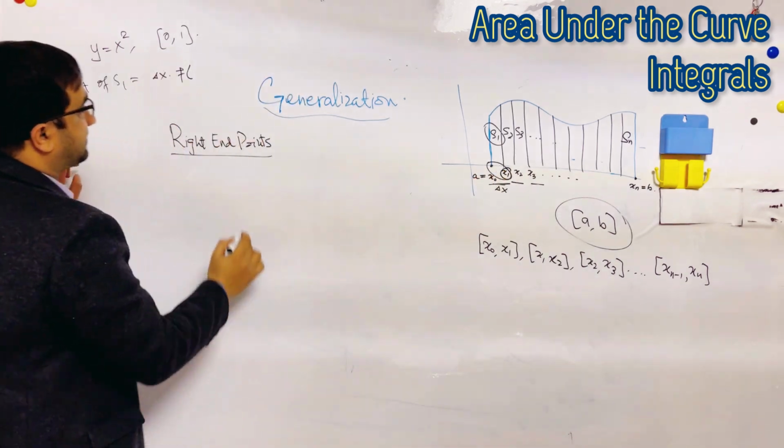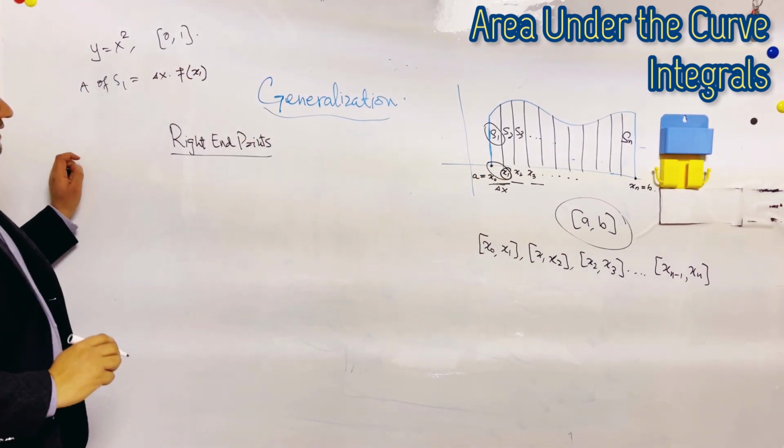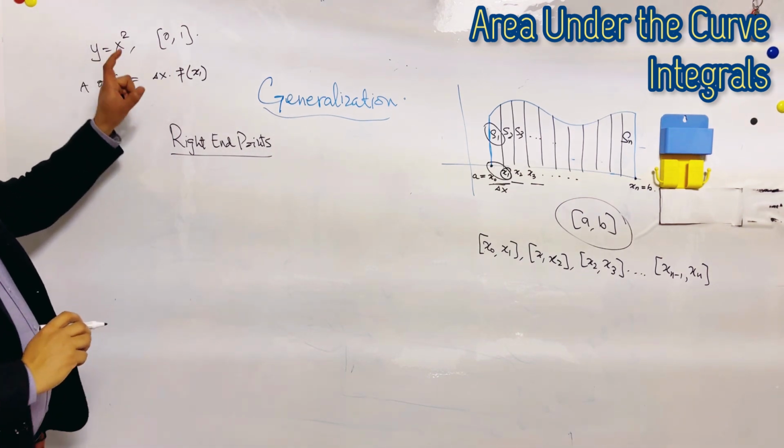So what is the right endpoint of the slice? That is x1.